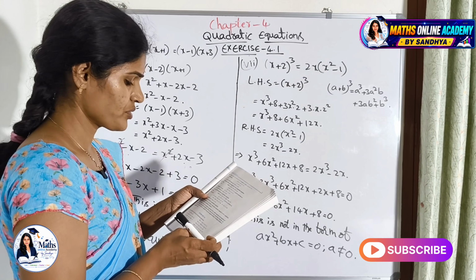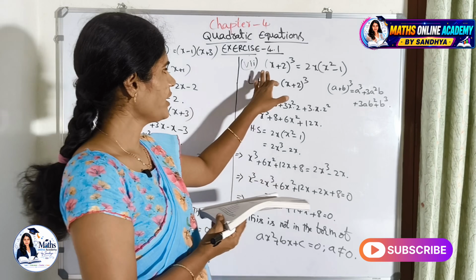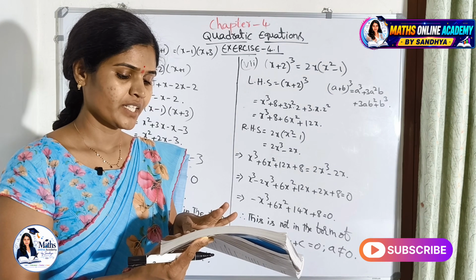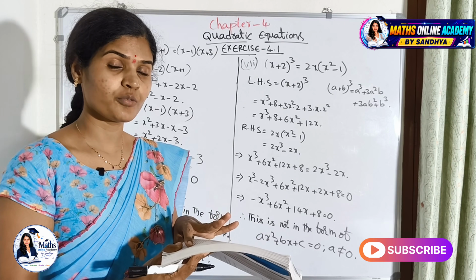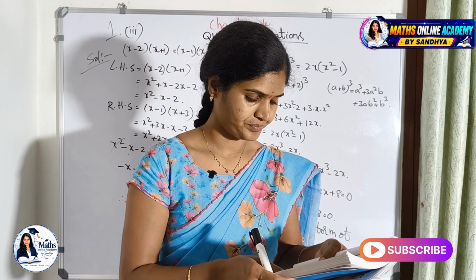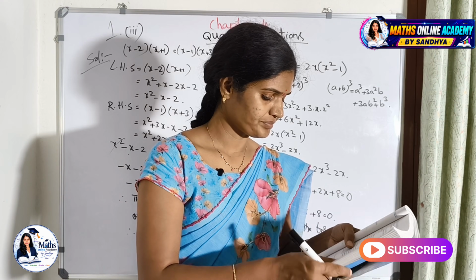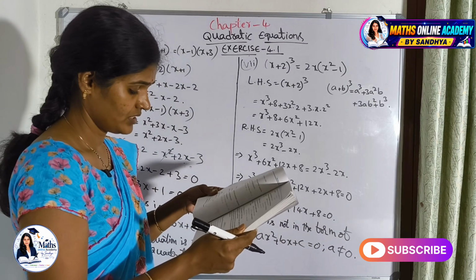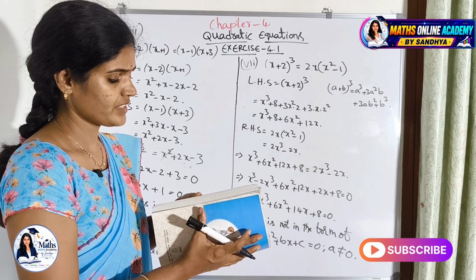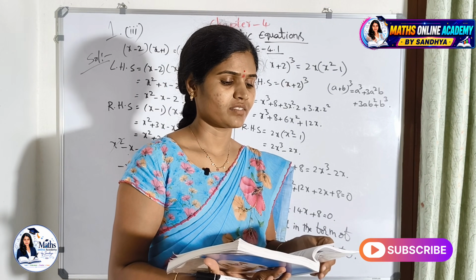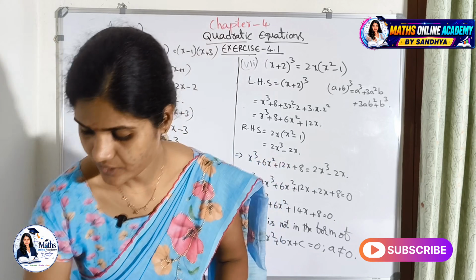And next one is, you try it. Here, na, a plus b whole cube. In 8th question see, x minus 2 whole cube means a minus b whole cube. Okay. And in second question, how many total are? 4 questions. Okay. Let's take one by one.